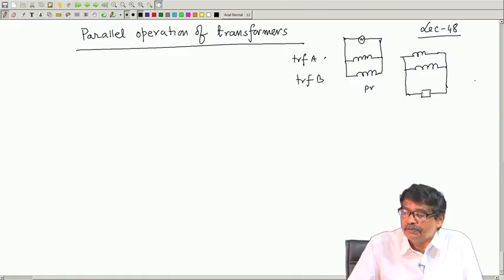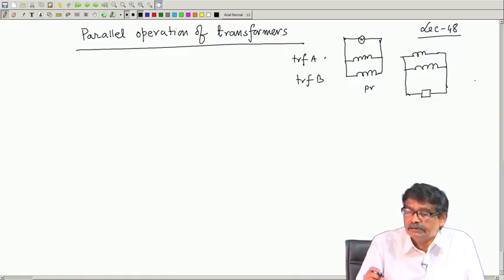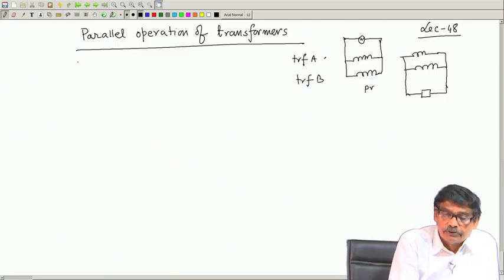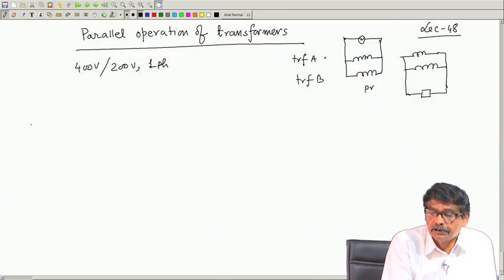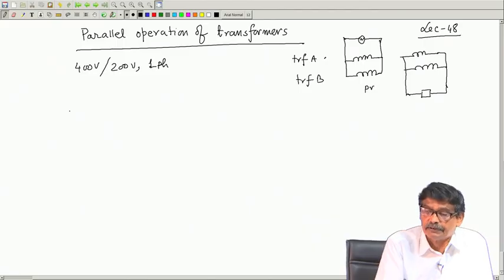For example, suppose it is a 400 volt to 200 volt single phase transformer, with some kVA rating, and all are of course 50 hertz.